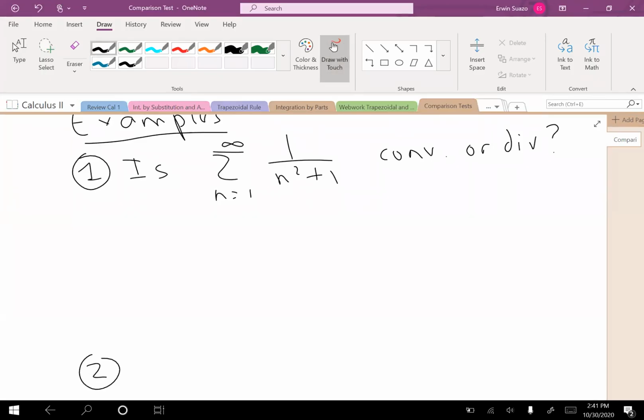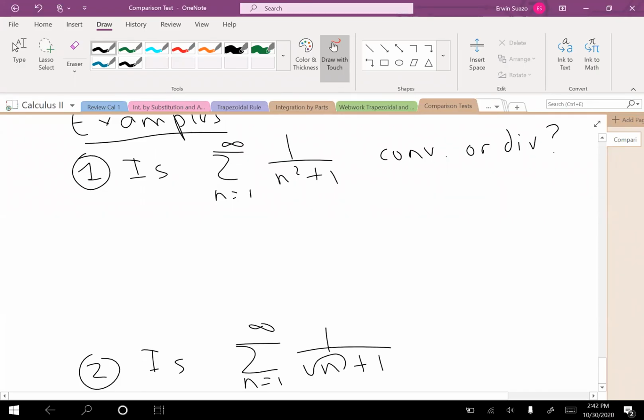Number 2, same question for the sum from n equals 1 to infinity of 1 over the square root of n plus 1. Convergent or divergent?